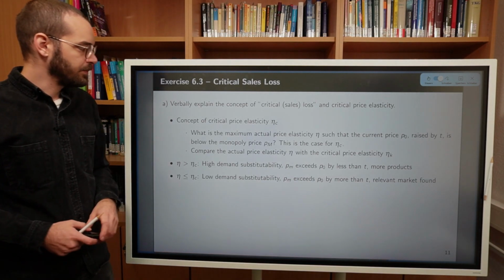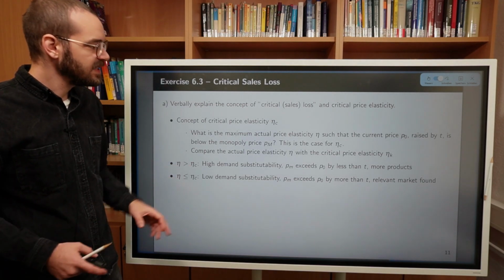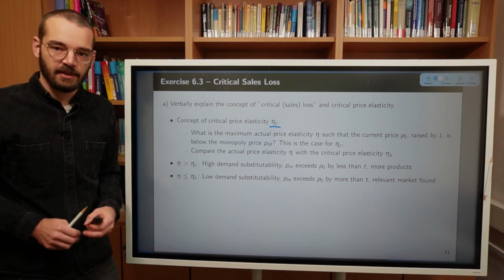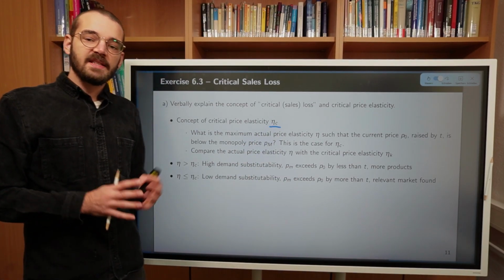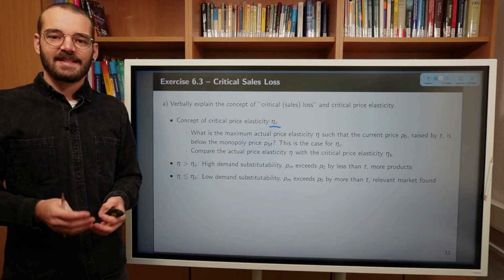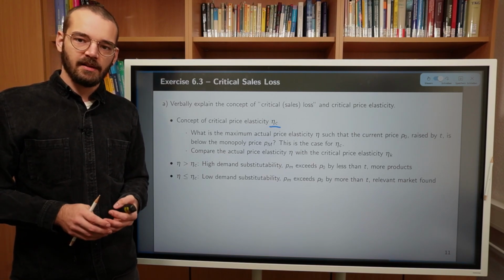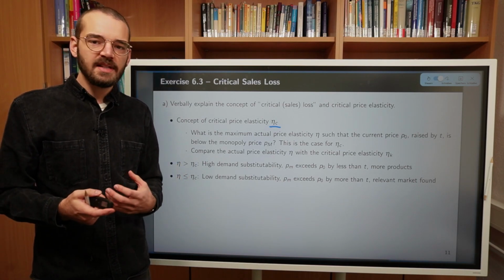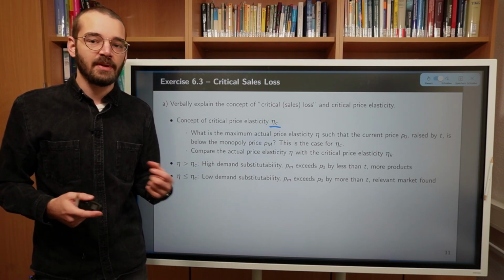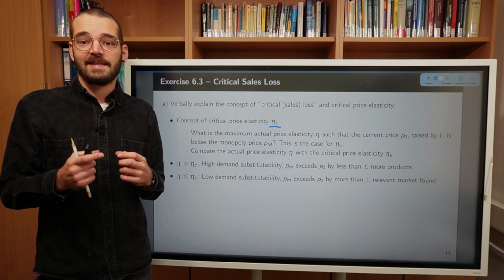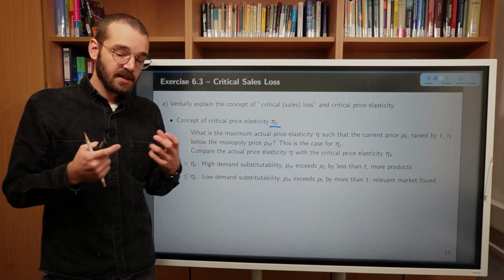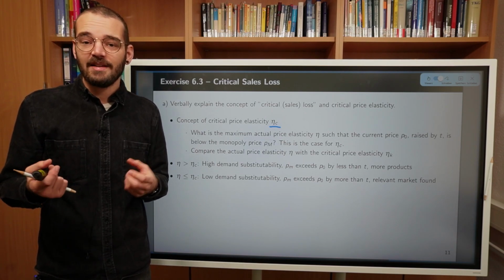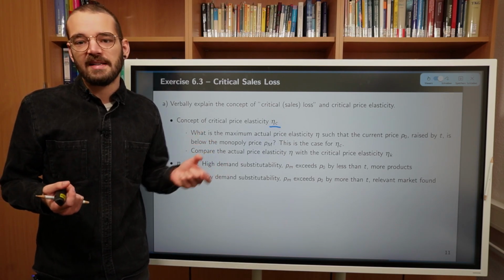Now to the concept of the critical price elasticity, eta with a lower c as an index for critical. This is conceptually the exact same thought experiment, only difference being that we are no longer looking at quantities reducing and prices increasing, but rather we are looking at elasticities. So, of course, elasticity is nothing but a relative quantity change for any given relative price change.